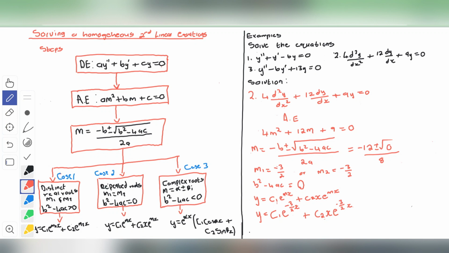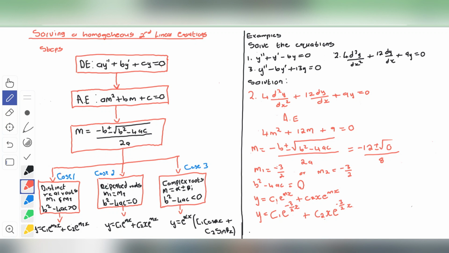And we also proved that b squared minus 4ac is equal to 0. Therefore we can use this formula. So you choose which one you prefer, whether m1 is equal to m2. After proving that they are equal, you can use this one. Or after proving that b squared minus 4ac is equal to 0, you can use case 2. It will depend on which one you prefer, but they are both equal.